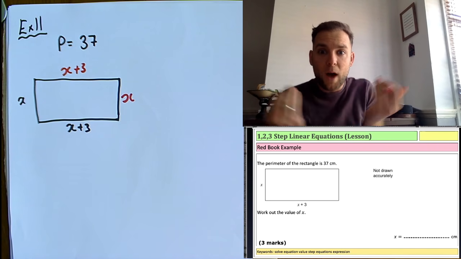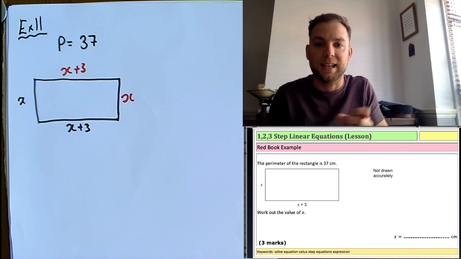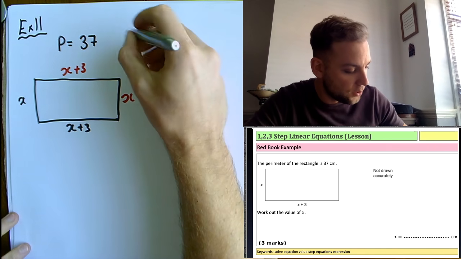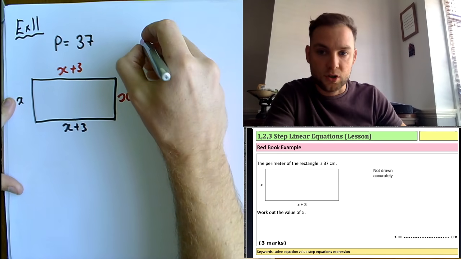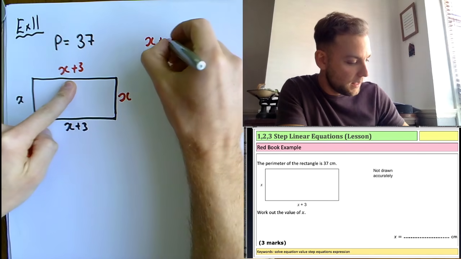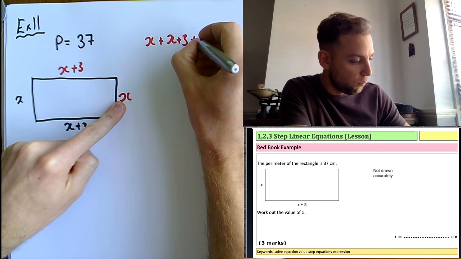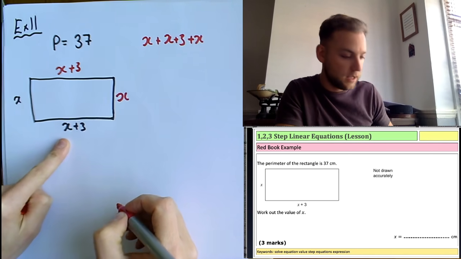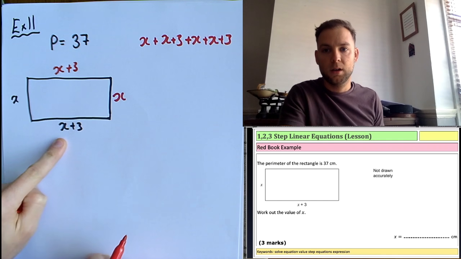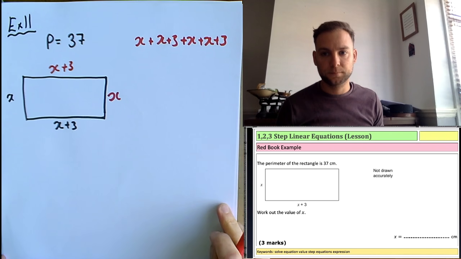So in a similar way here, the first thing you've got to do is work out what the distance around the outside is in terms of x. And I do that by doing this one here: x, plus this one here, x plus 3, plus this one here, plus x, plus this one here, plus x plus 3. So I've added all of these sides together.